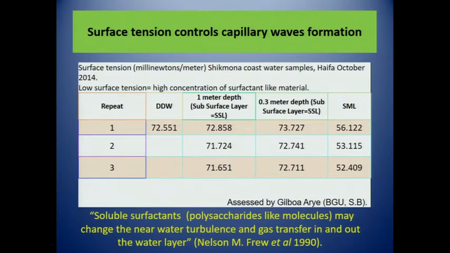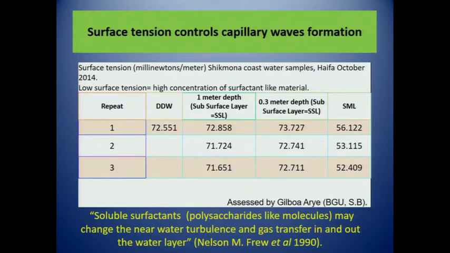This work has been done in collaboration with Gilboa Arya from Ben Gurion, and you can see exactly what I mentioned now. If you take distilled water, there was no need for a repeat here because it's a well-known figure, the force is very high. This is the surface tension of distilled water at 1 meter depth, which is the most used blank for microlayer experiments.